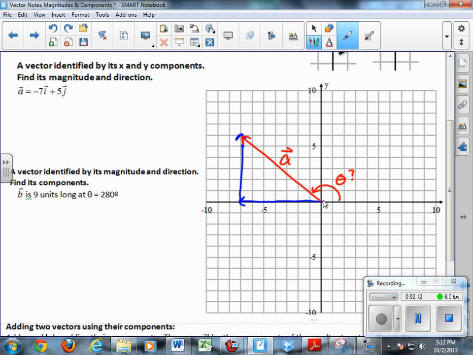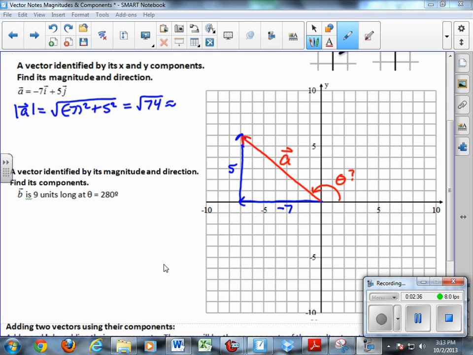So I know that this side is 5, and this side is negative 7, and so I can say that the magnitude of vector A is the square root of negative 7 squared plus 5 squared, which is the square root of 74, or approximately 8.6 units.